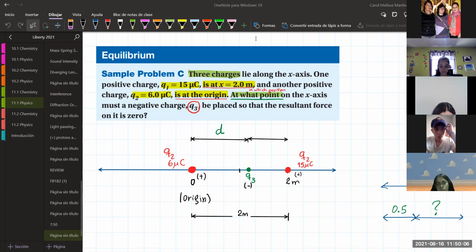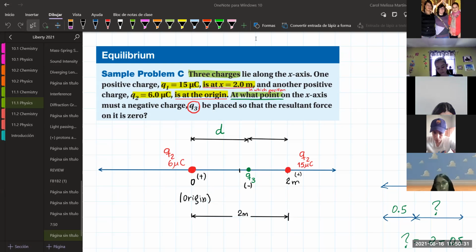How can I get that distance? The formula, what would it be? We can subtract the 2 and 0.5 and know what is the variable missing. Okay, we can say that 2 minus 0.5 is the missing space, okay?